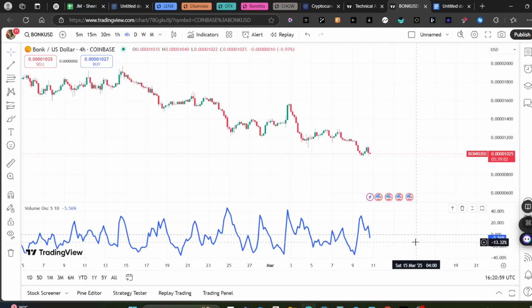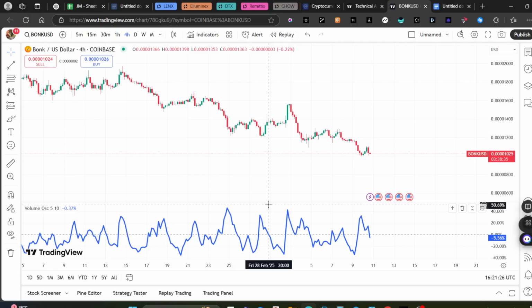If price action is not confirming a move, it could mean a reversal or consolidation is ahead. Now, a key tip for you: don't just rely on the volume oscillator alone. Always use it alongside price action, trend analysis, and other technical indicators like RSI or moving averages for confirmation.